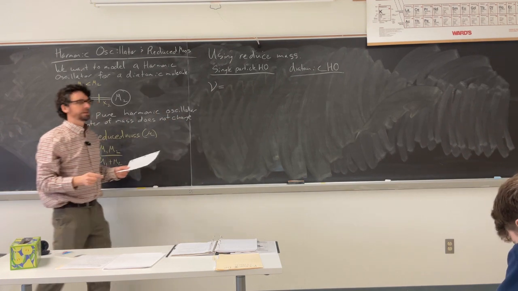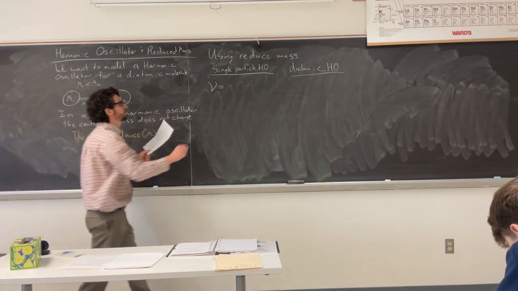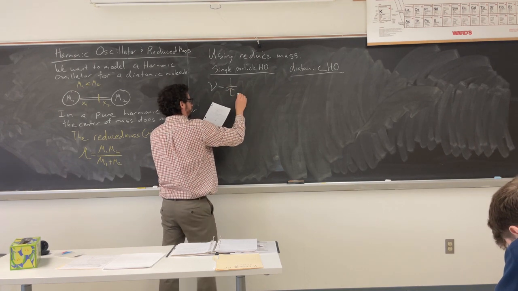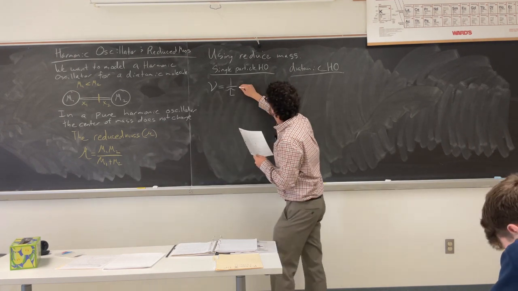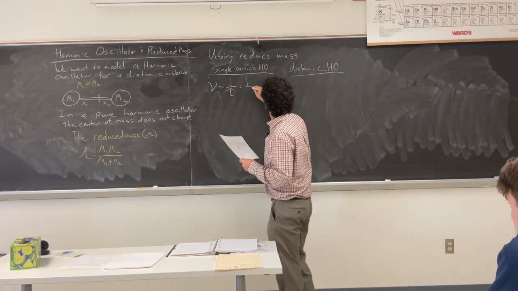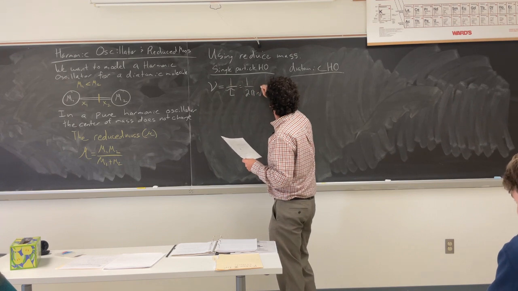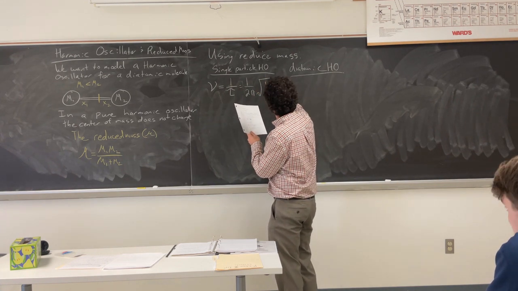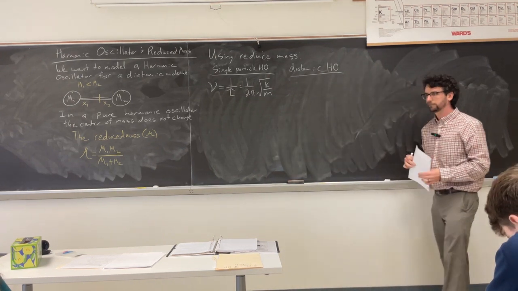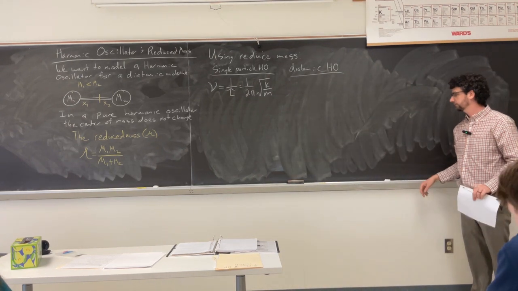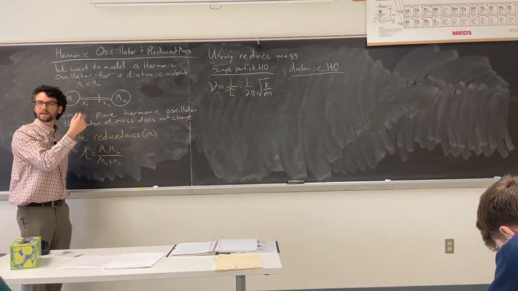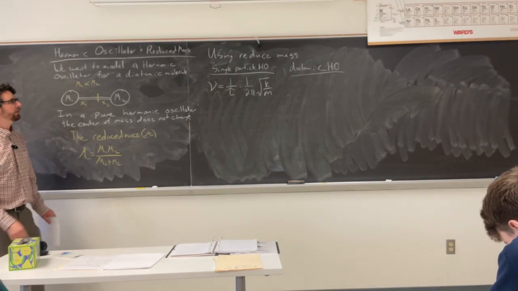We showed if we were looking at the frequency of the oscillation, it was 1 over the time it took to complete that oscillation, and we derived this expression. So this is the frequency of the oscillator.